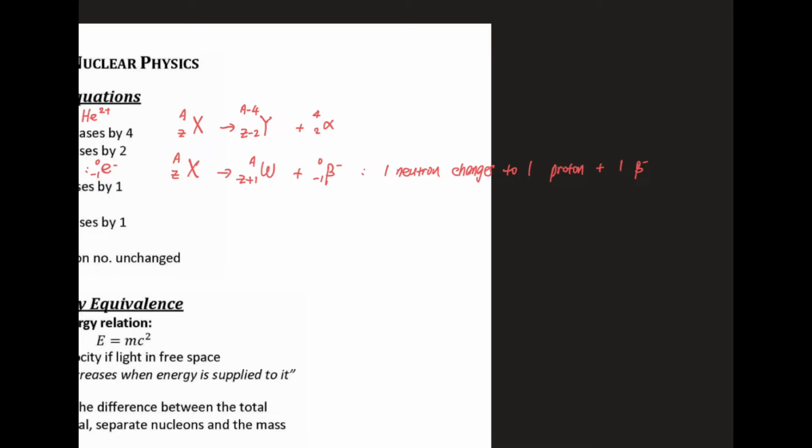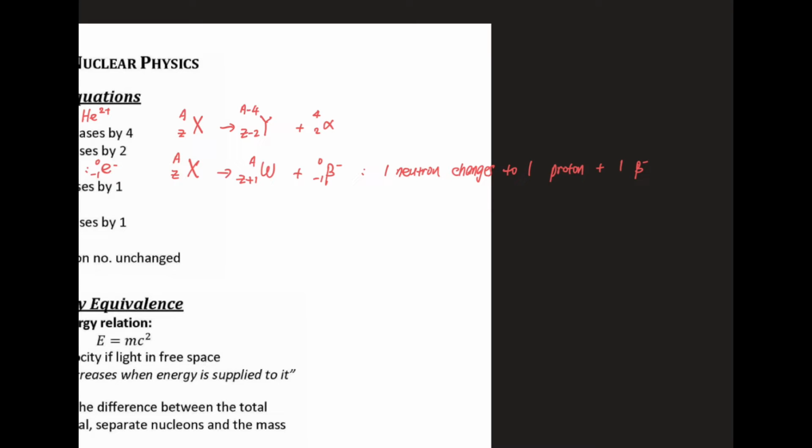Logically this is true. As you know, neutron has no charge. Proton is positively charged. So when you want to form something positive, then the negative charge you have to remove. The negative charge is the electron.